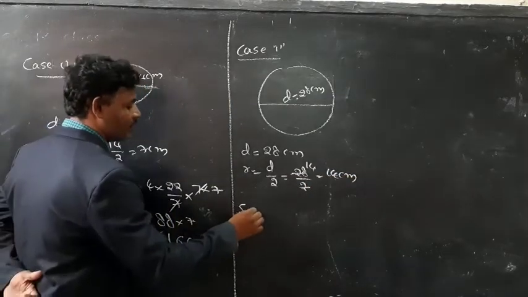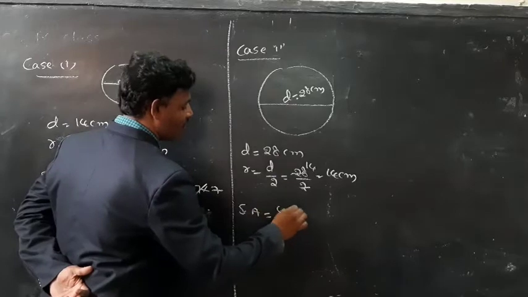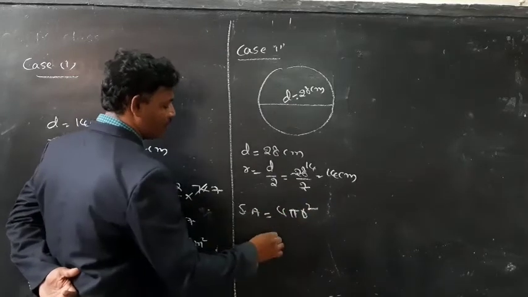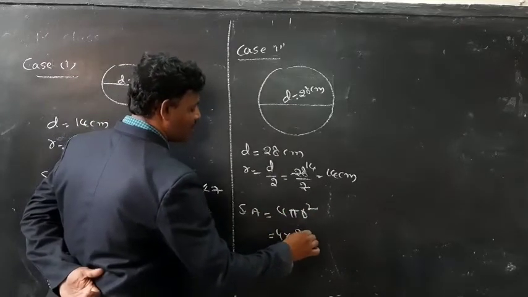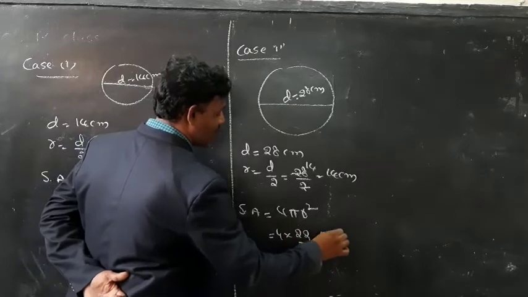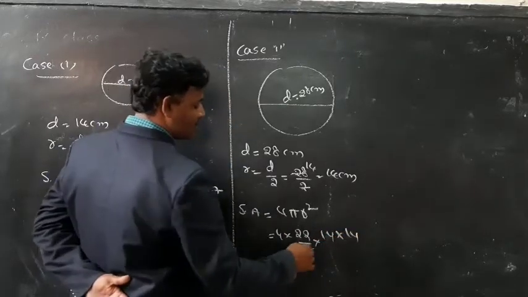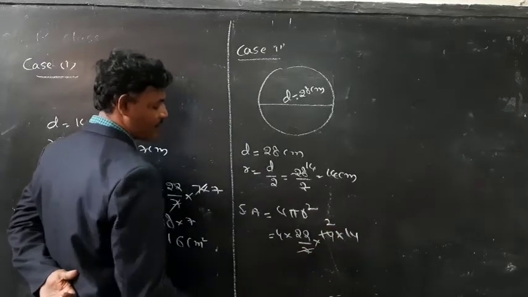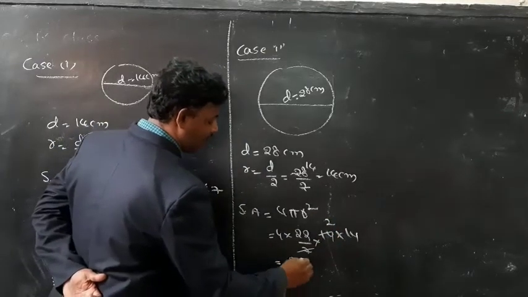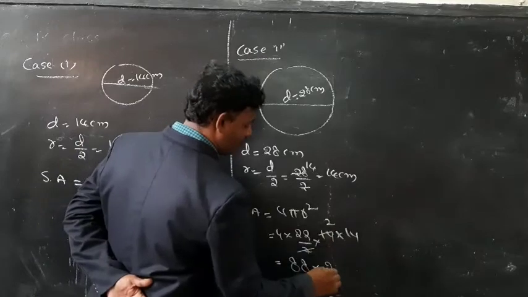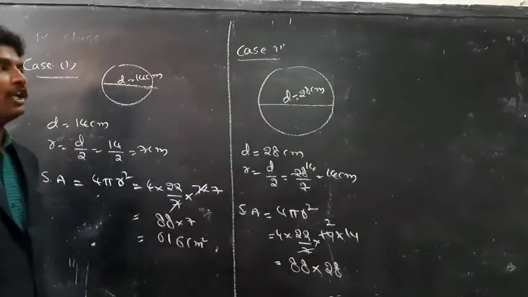Next, surface area of that balloon is equal to 4 pi r square. So 4 into pi means 22 by 7 into, sorry, 14 into 14. 7 ones are 7, 7 twos are 14. So it is 88 into 28. It is 88 into 28.